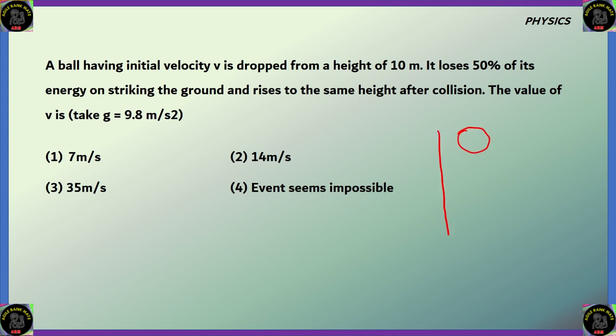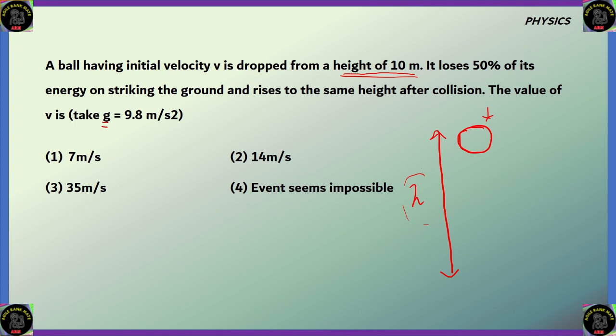So let's say the ball is thrown from a height h, let's take it as h, even though we know the height as 10 meter. In order to ease our calculations, we will form a formula, and from there we will simplify the formula, and then we will replace the values of h and g respectively.